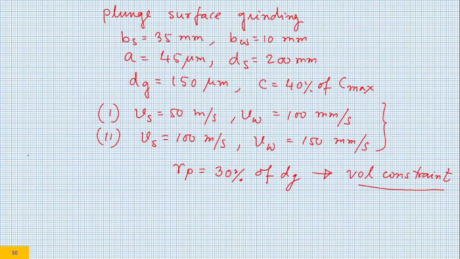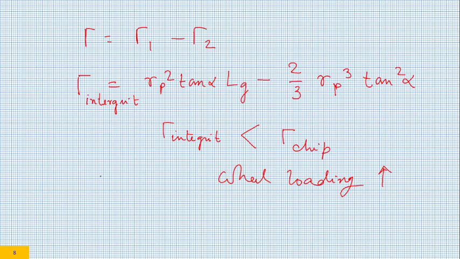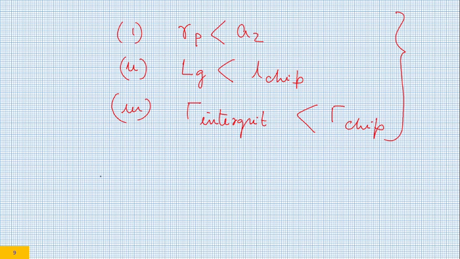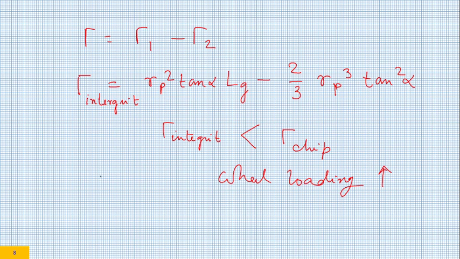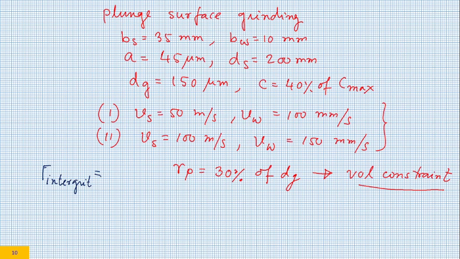Let us write down the expression of gamma intergrid that we have derived just now, which is Rp square tan alpha Lg minus Rp cube tan square alpha, possibly with a multiplier of 2/3.